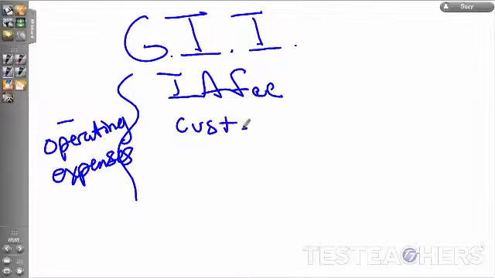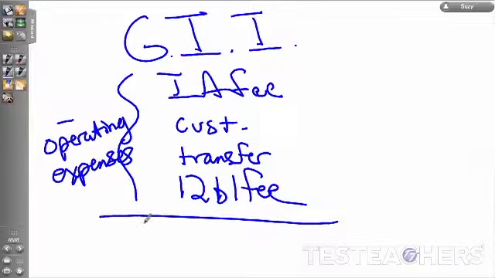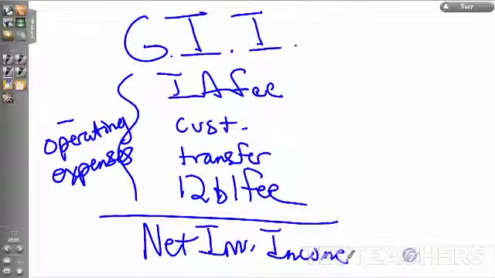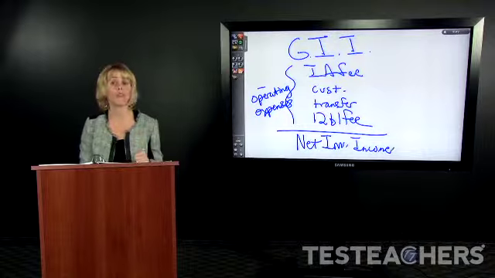We said there was a custodian fee, there's a transfer agent fee. And if the fund has a 12b-1 fee, that will be an operating expense and it will reduce the fund's net investment income. Is the commission, is the load an operating expense of the fund? Never.